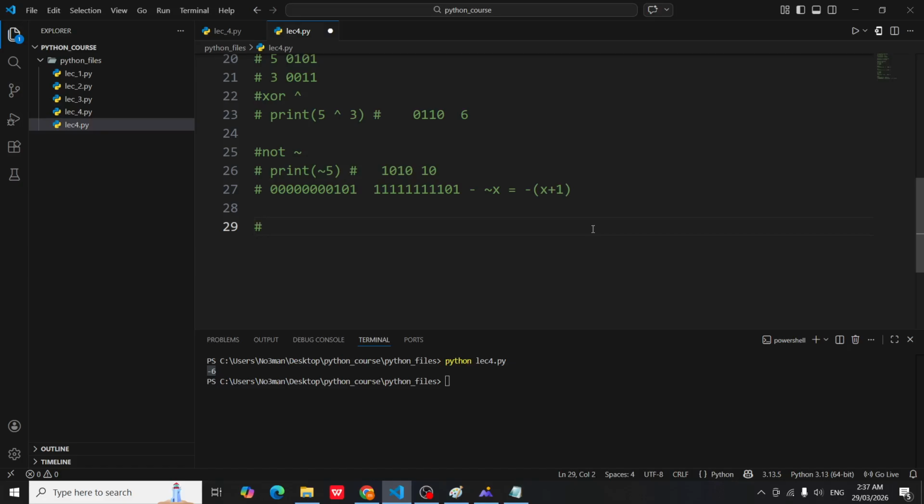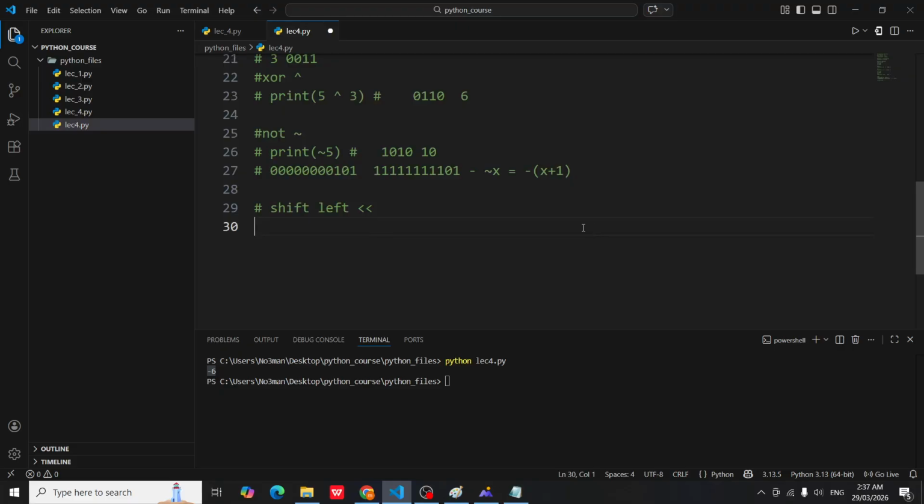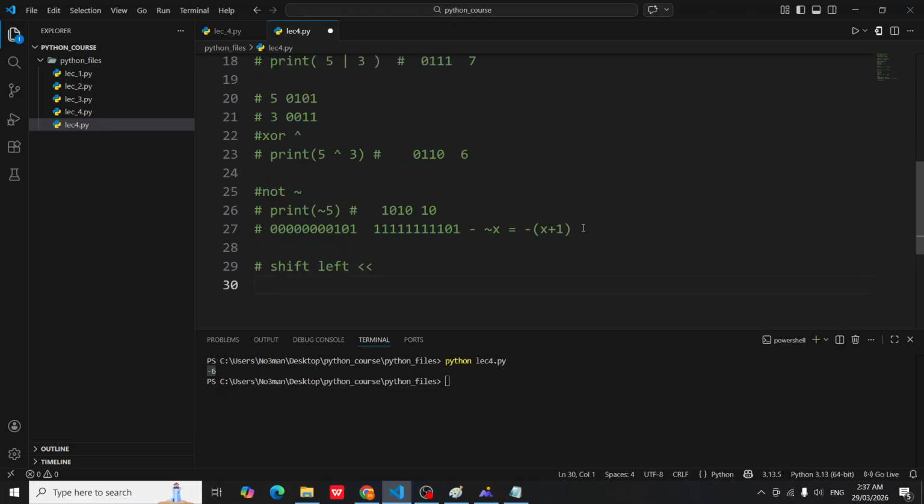The second operator will be shift left, assigned to this sign. Okay. Shift left will move the binary number to the left and put 0 in front of it.